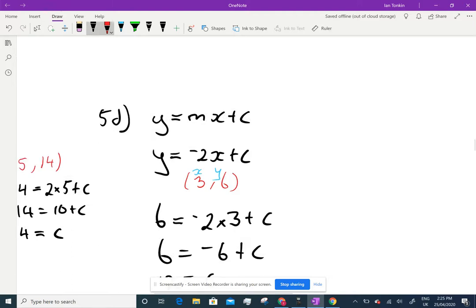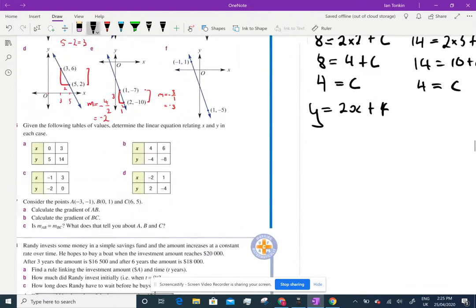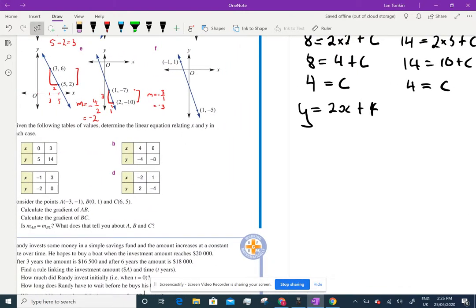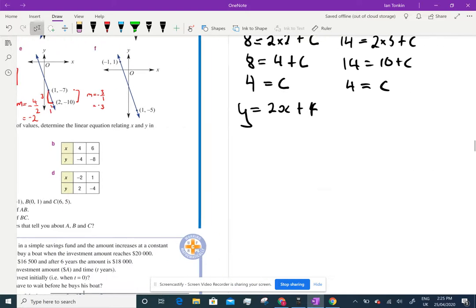So I go over here, and this is 5e, and I write mx plus c first, so y equals negative 3x plus c. Now I have to substitute in one of these values, which is going to be easier. I think 1 and negative 7.